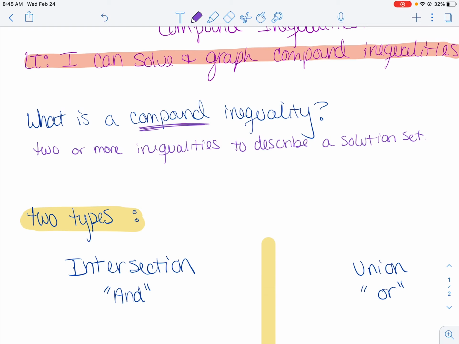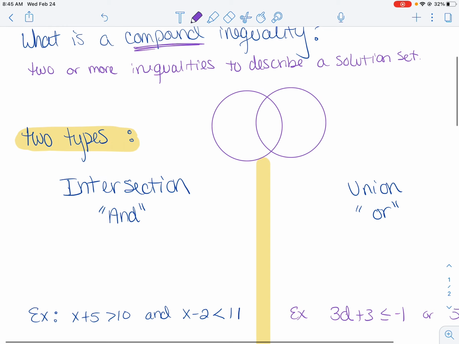So if you think about a Venn diagram, there's that, and there's that. Okay, so there are two types of compound inequalities that we're going to talk about. The first one is an intersection of the two inequalities.